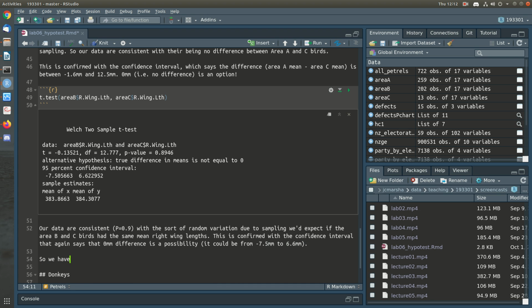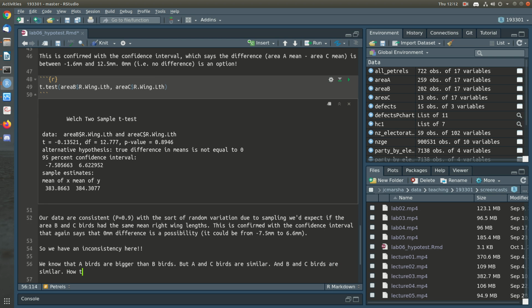So we have an inconsistency here, right? We know that A birds are bigger than C birds, bigger than B birds, but A and C birds are similar, and B and C birds are similar.